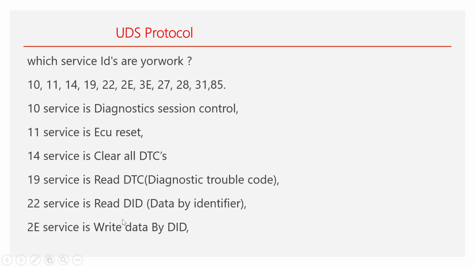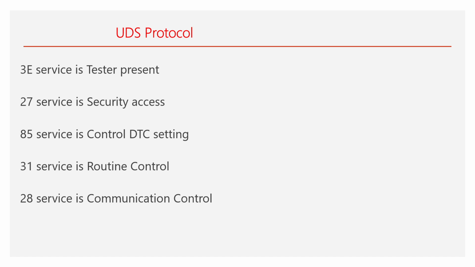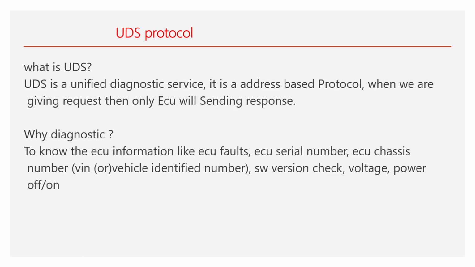The 2E service is write data by identifier. Next, the 3E service is tester present, 27 is security access, 85 is control DTC setting, 31 is routine control, and 28 is communication control. These are the services we use in UDS.